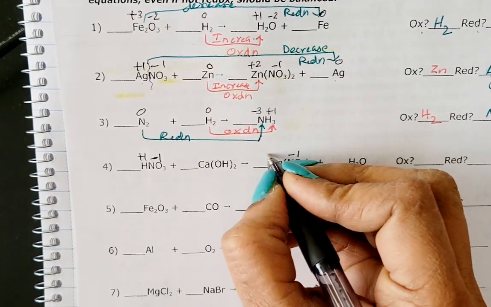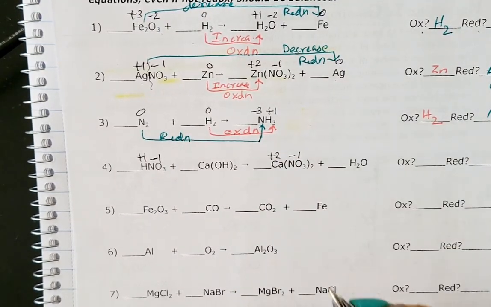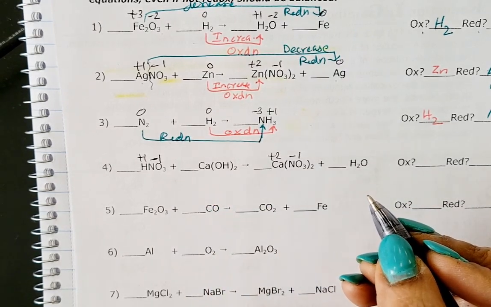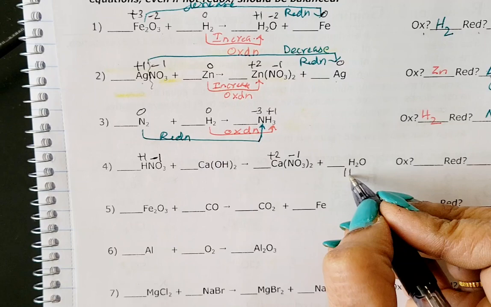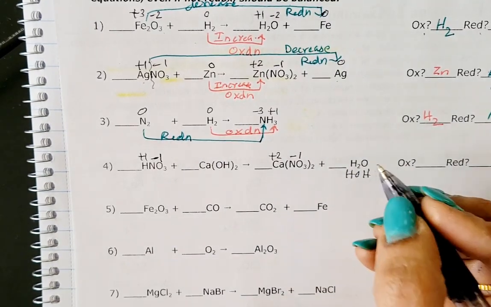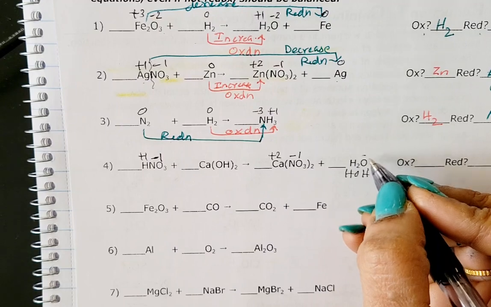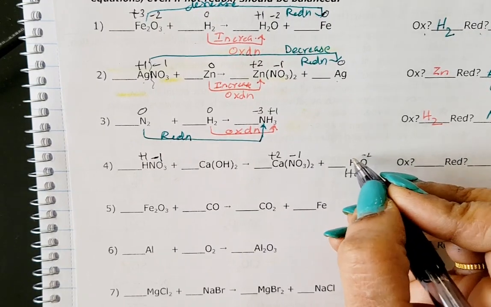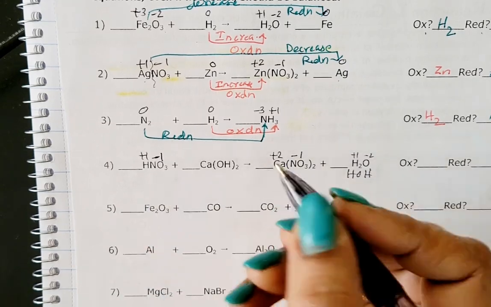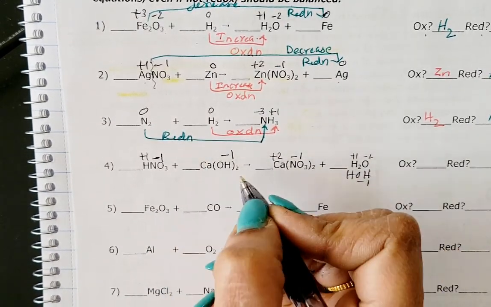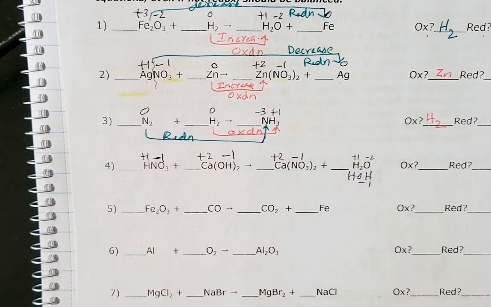There are 2 nitrates, so calcium will be positive. And I'm seeing OH on both sides. Yes, because there is water, you can see OH in that. Water is HOH, so this will be minus 1. If you are writing like this, this will be minus 2, this will be plus 1. OH will be minus 1, calcium will be plus 2.